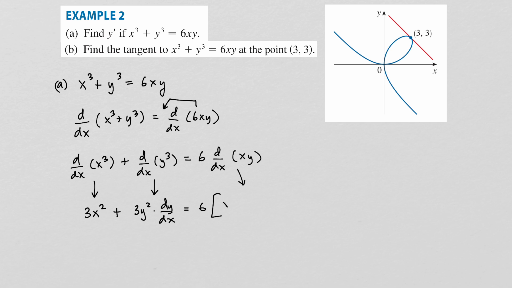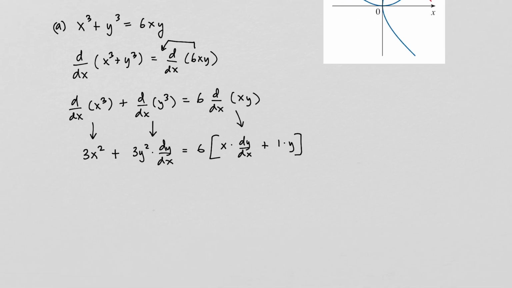So we are going to take the first function x, multiply it by the derivative of the second function. So the derivative of the second function y is simply dy dx, right? Because it is the derivative of y with respect to x. Plus, then we're going to take the derivative of the first function, which is 1, multiplied by the second function. So again, this is just the product rule.